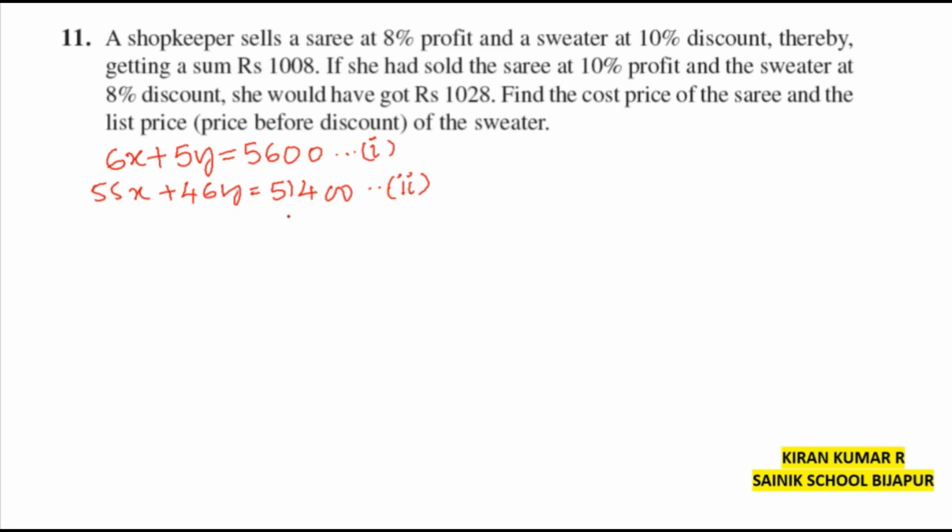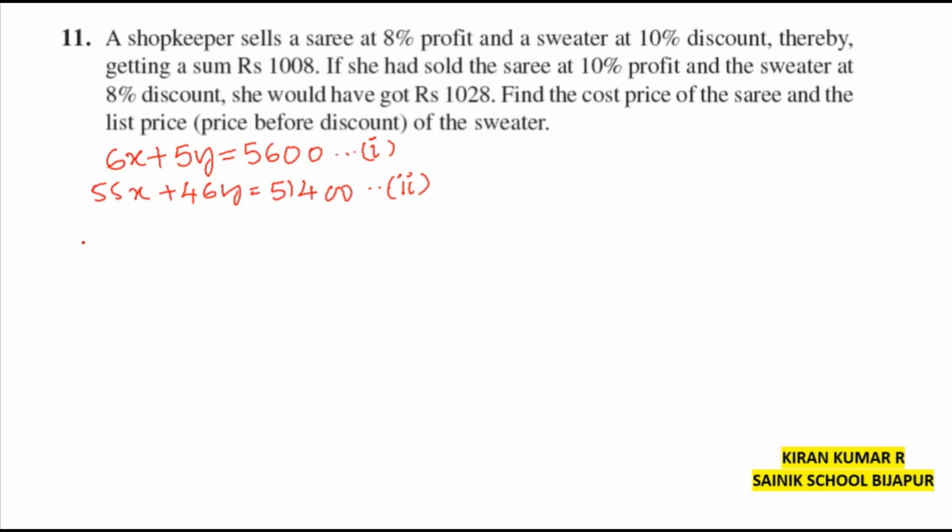Now if you want to make the coefficients same, I prefer multiplying the second equation with 5 and the first equation with 46 so that I can eliminate y term.